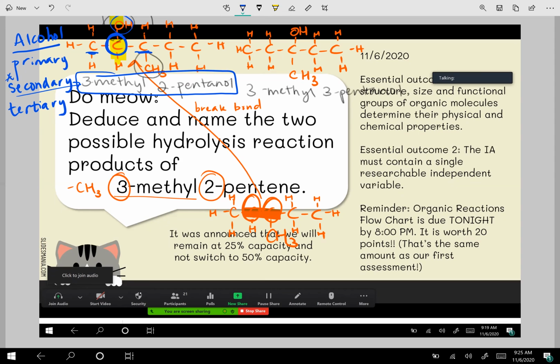Okay, and some of you predicted that I was going to now ask about this one, the 3-methyl-3-pentanol. I want to know if this one is a primary, secondary, or tertiary alcohol.